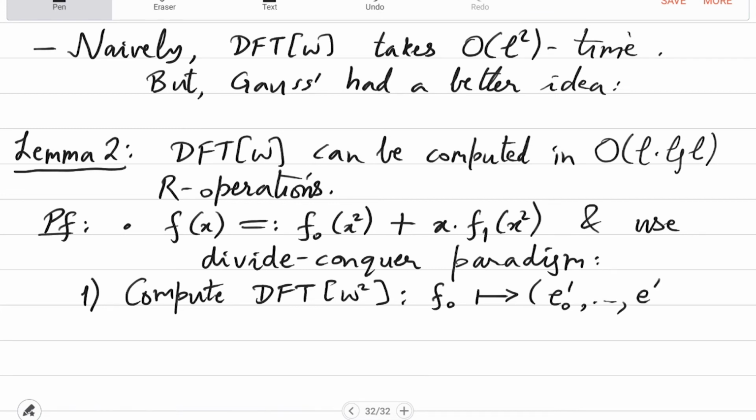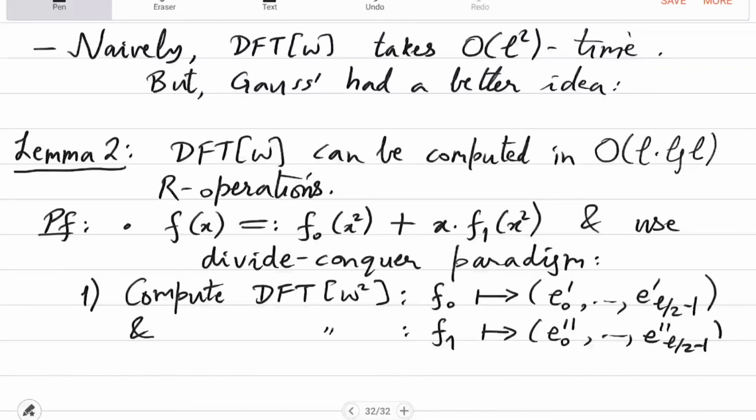E0 prime to E L by 2 minus 1. So you get now L by 2 ring elements, and the same with f1, E0 prime prime and so on.